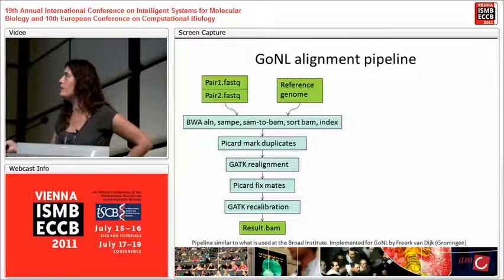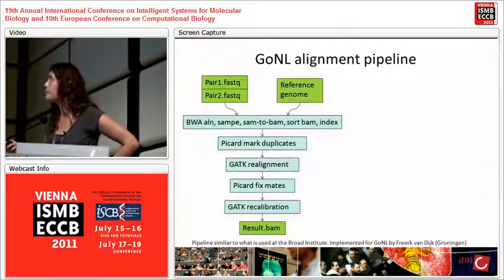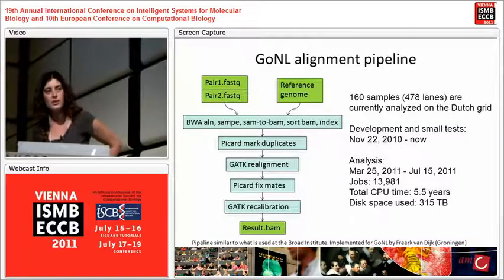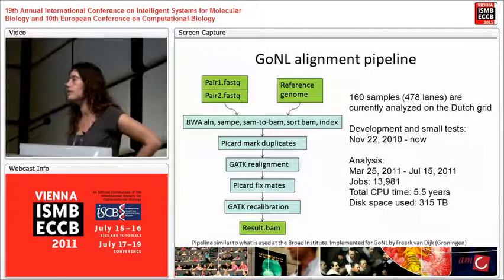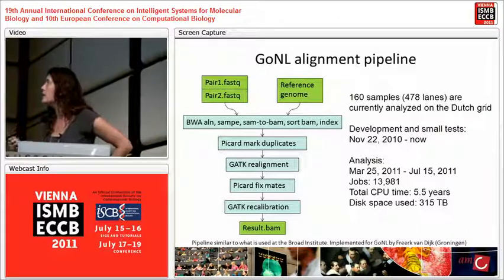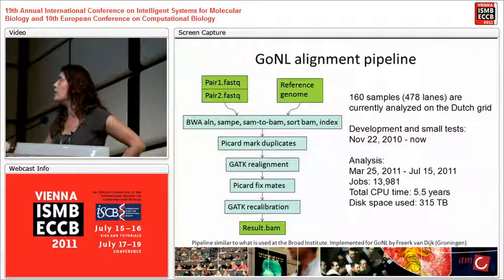It consists of a BWA alignment and then some steps to fix the alignment, so in the end you will have a clean alignment file. At the moment 160 samples are analyzed on the Dutch grid. Development started at the end of last year for this part, and the main part of the calculation for these samples was done since the end of March.